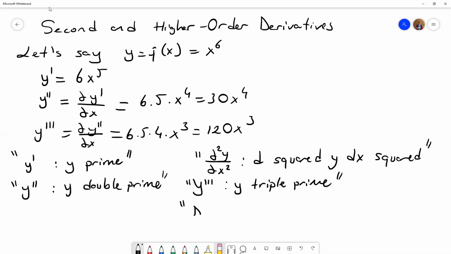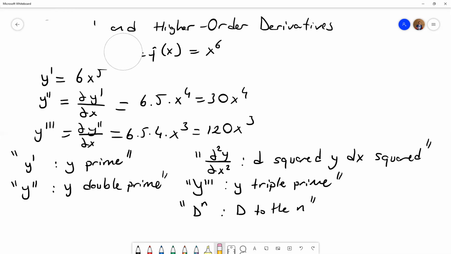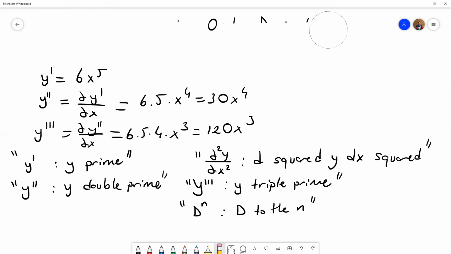And finally, we have d to the n. We can use it like that. And we have also things like these. Let's use this space here for that one, and delete this one.